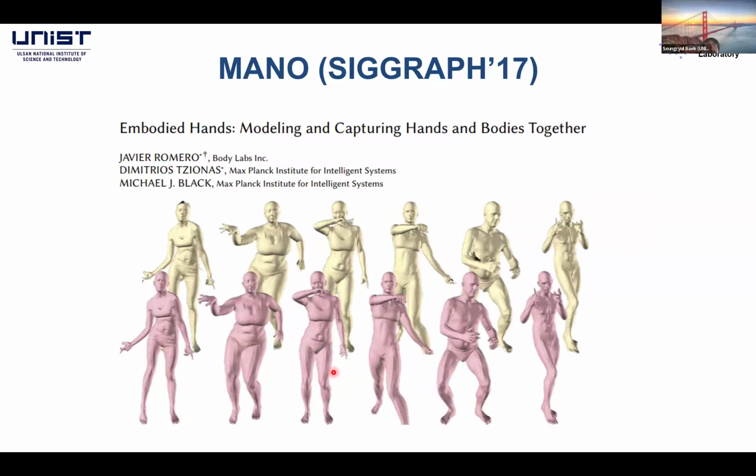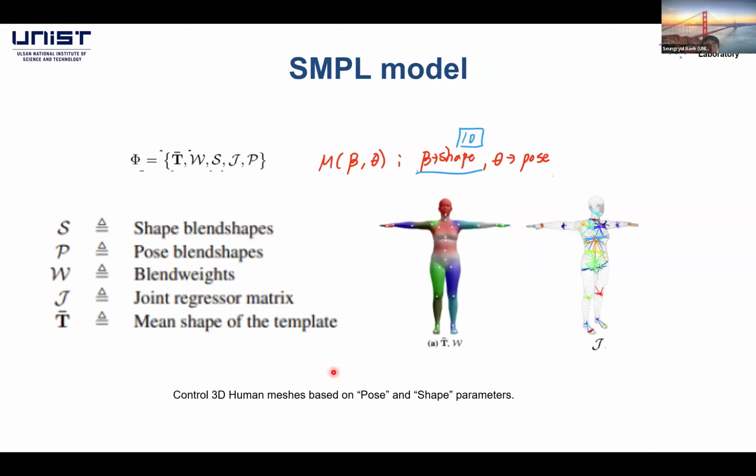Are you guys understanding SMPL now? Okay, so when we call SMPL, it has these 5 parameters. They are already learned by the SMPL authors. T means the mean shape, and W means the blend weight, which has the relationship between weight and the vertices to each part.